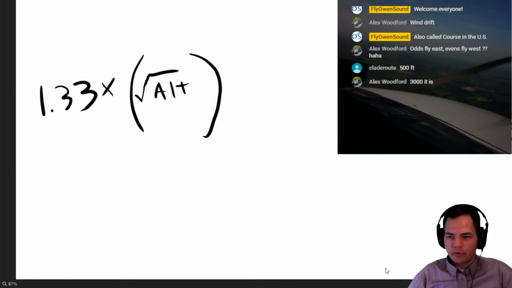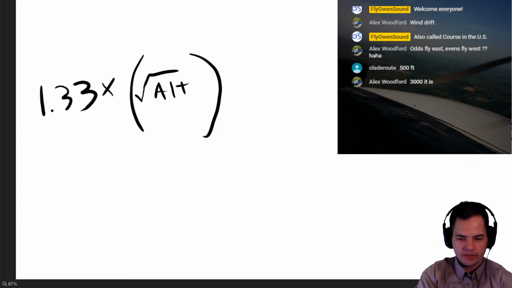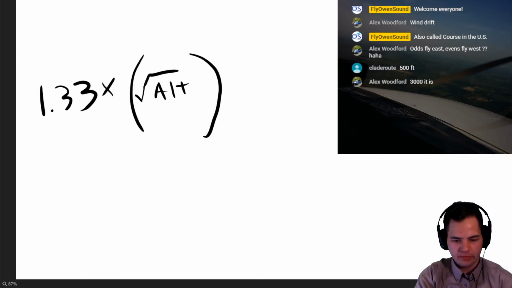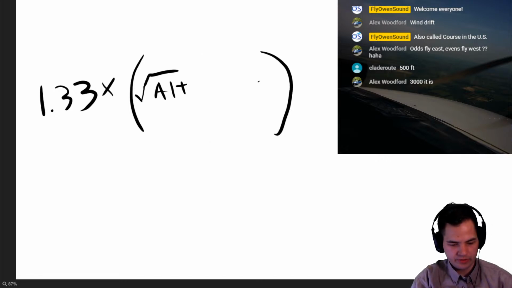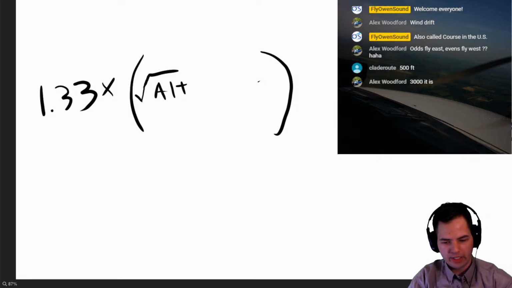So back to our formula here. If I just kind of modify this a little bit, I'm gonna add stage. Okay, so we had the square root of the altitude times 1.33.